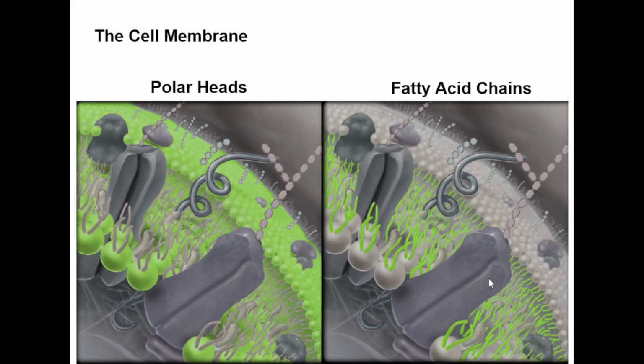Just to further discern the different structures, the circular or globular ones are the phosphate or the polar heads, while the fatty acid chains are those two structures protruding from the phospholipid.